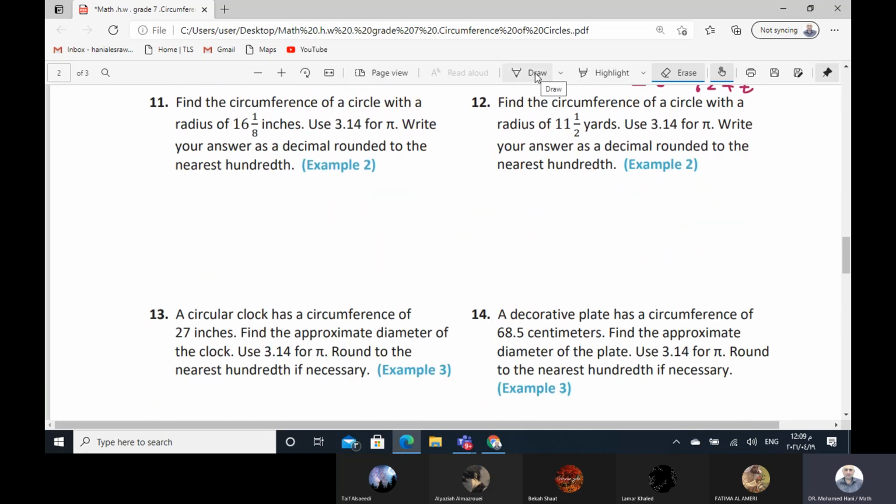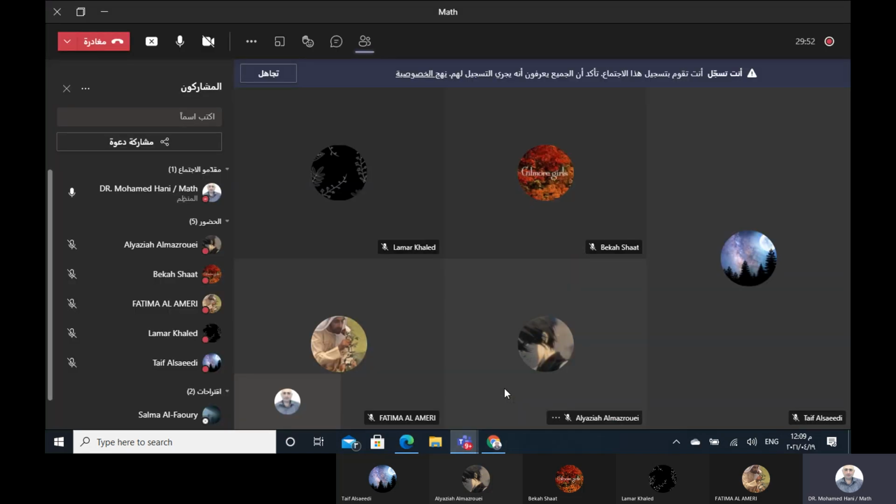Who can read exercise number 11? Becca, are you here?